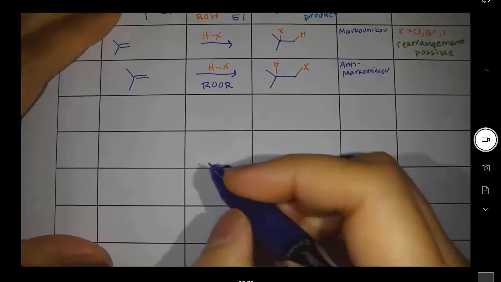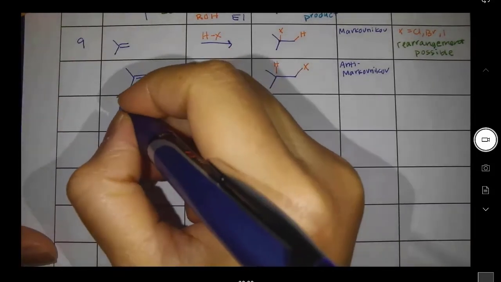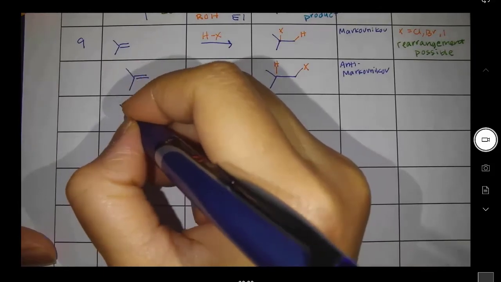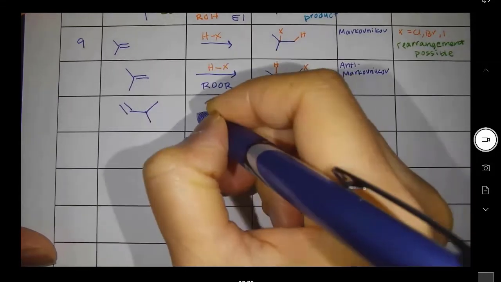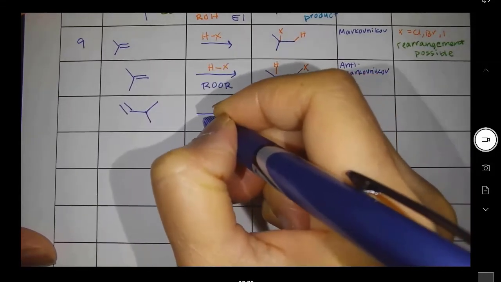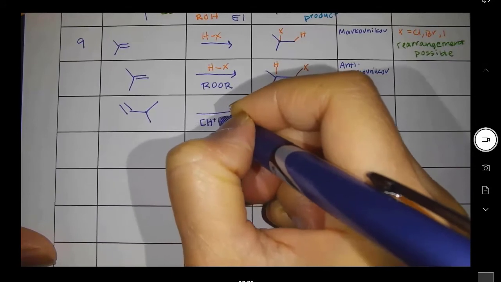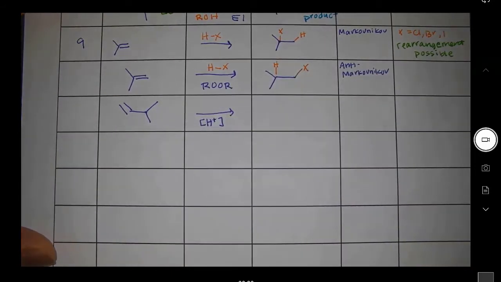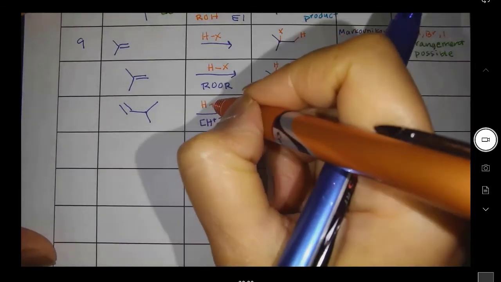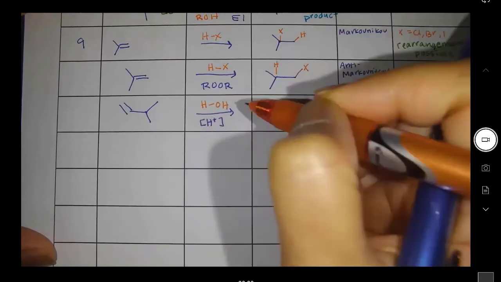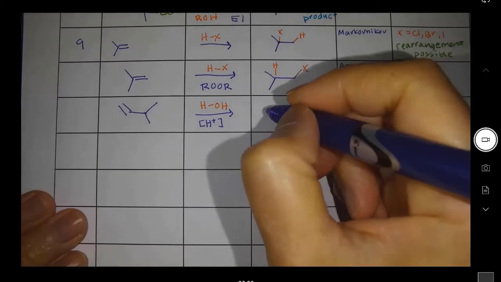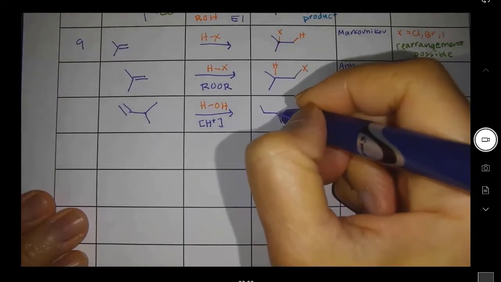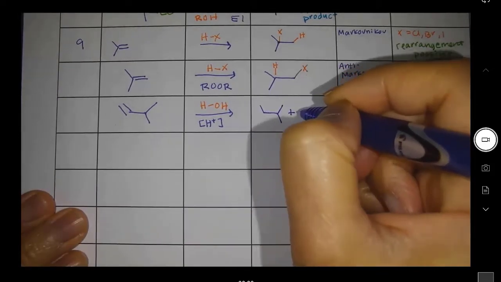All right, next we have another alkene reaction. This one involves water and a catalytic amount of acid. So we could get two products here.